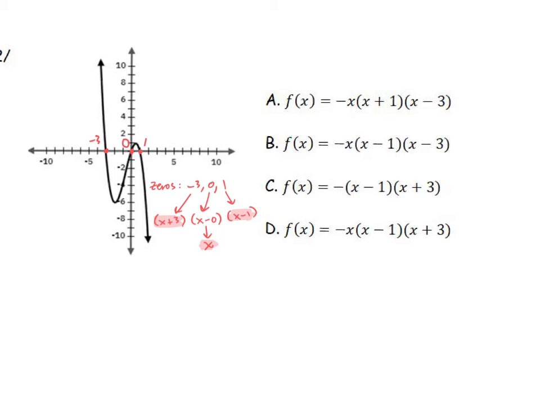And I see that answer here, letter D. x plus 3, x minus 1, x by itself. Notice how the a value here is actually just a negative symbol. That's what they all have in common. And that means that the a value for all of these is -1. We don't write the 1, but it is actually -1.